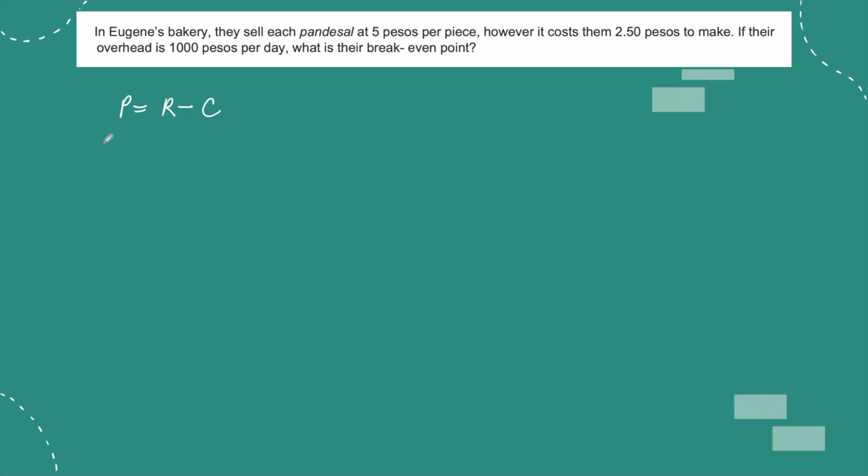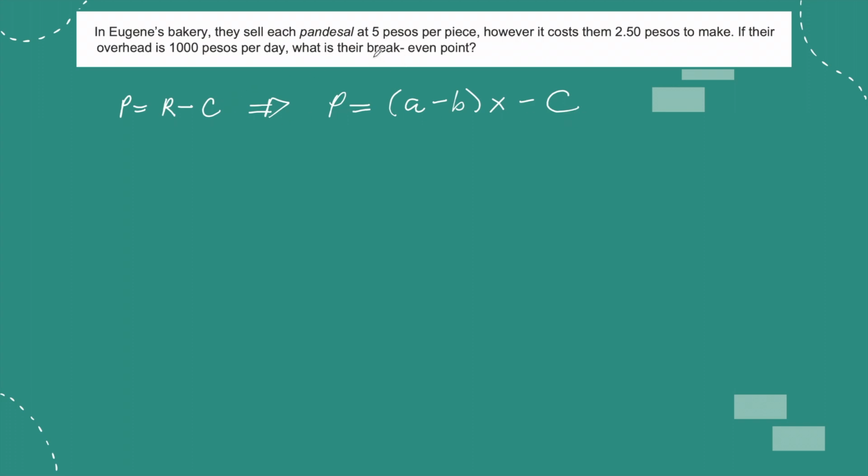This one can be translated as P is equal to (A minus B) times X minus C. So, yung profit mo dito, yung revenue mo dito, pinalitan mo lang ng quantity (A minus B) times X. Ano ibig sabihin yan? Yung A dito is kung magkano mo siya binebenta per piece. At yung B dito ay kung magkano yung gastos mo per piece times kung ilang piraso. Then, minus dun sa total cost mo.